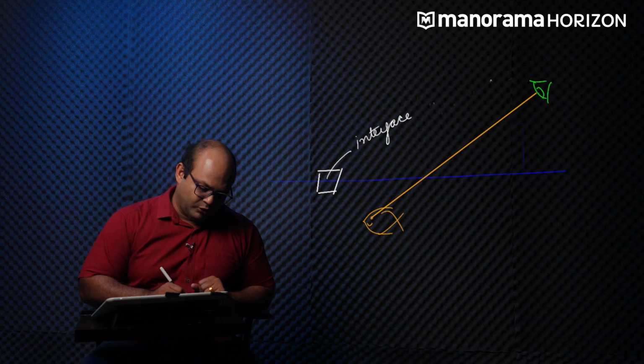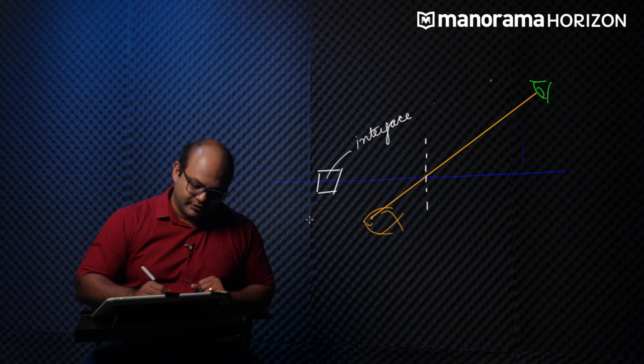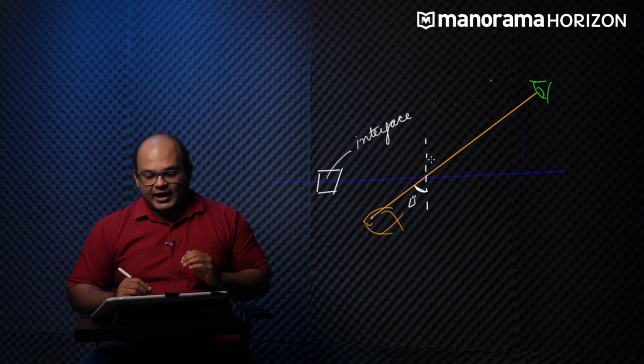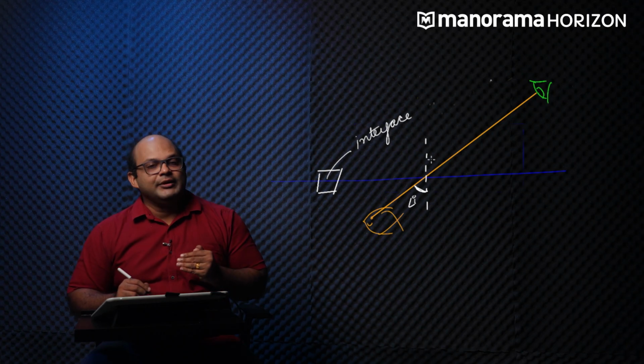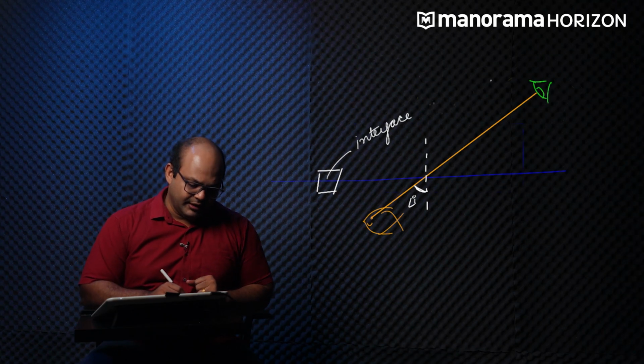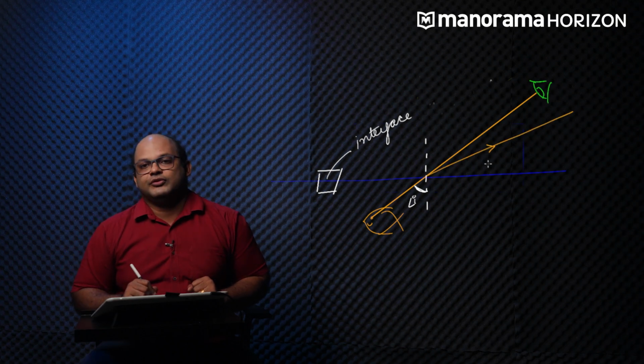So if we drop a normal at this interface here and we measure the incidence angle, this is the incidence angle, we notice that as we are going from a denser medium, that is water, to a rarer medium, that is air, the ray of light will bend away from the normal, something like this.